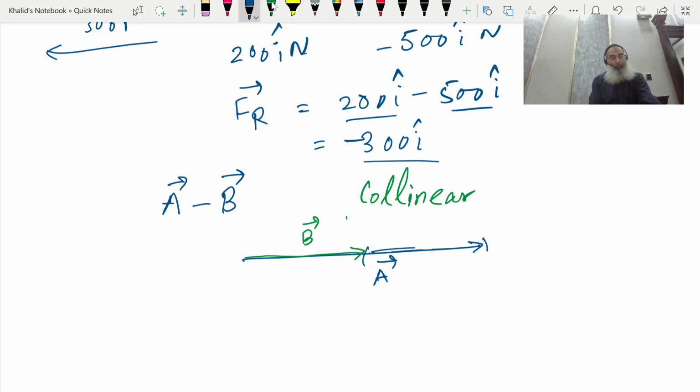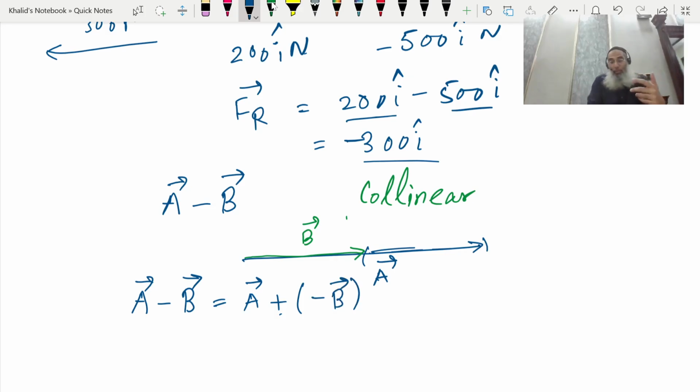So if I write A minus B, can we write it this way, A plus minus B? Yes, graphically we can understand it.